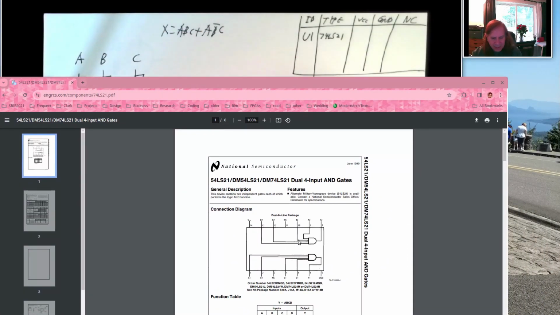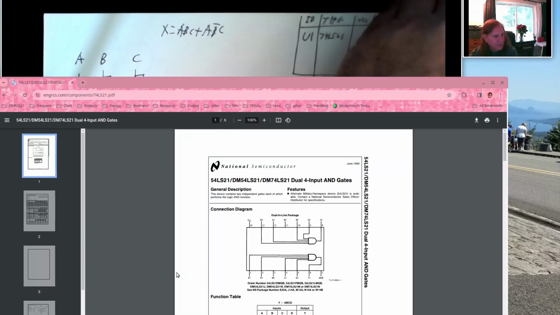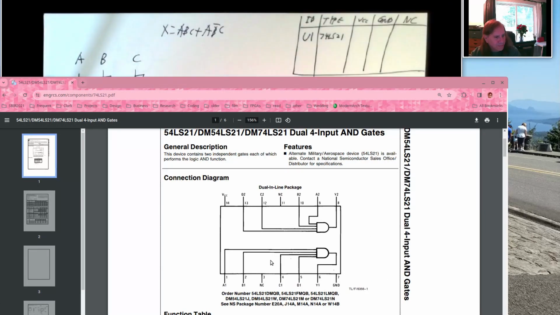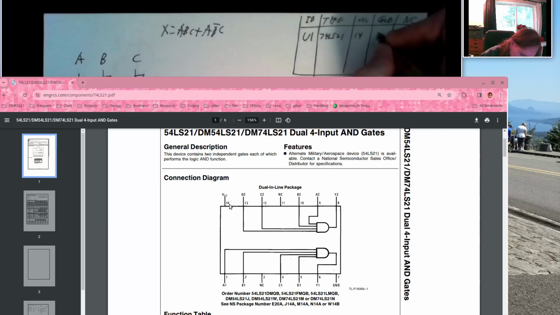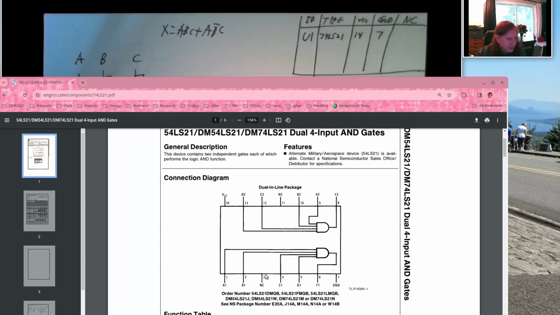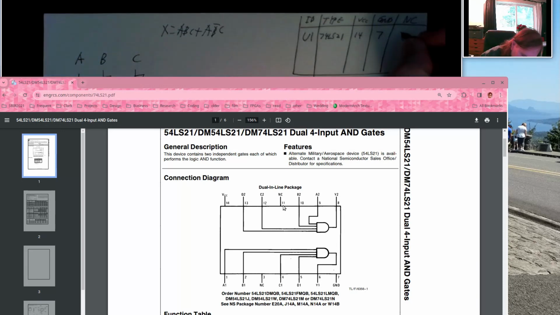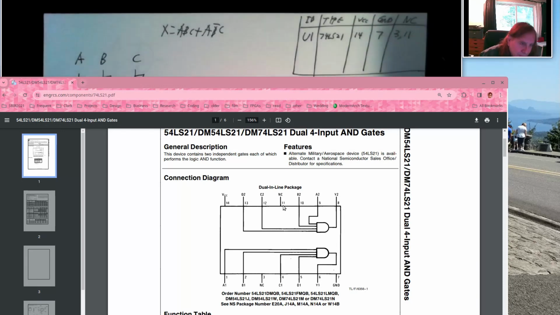And I'm going to look at my picture of this device, and I'm going to say, okay, ground is on pin 7, VCC is on pin 14. So VCC is 14, ground is 7. I'm going to use all 4 inputs into this gate and the output. Pin 3 has no connection to anything, so I'm going to list that as no connection, and pin 11 has no connection. So no connection will be pins 3 and 11.